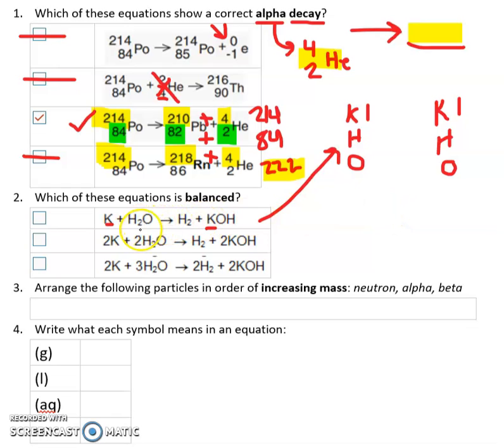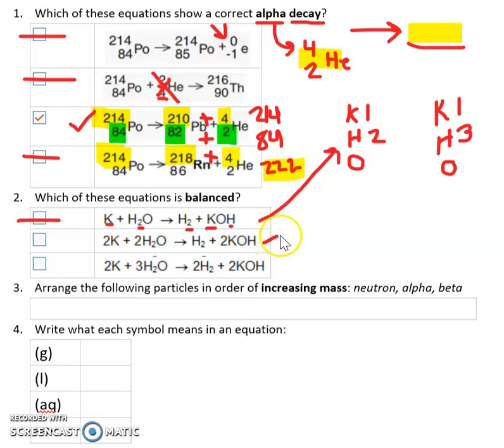Then I have 2 hydrogen atoms on my reactant side, and I have 1, 2, 3 hydrogen atoms on my product side. I can stop right here and say, hold on, 2 does not equal 3, therefore my hydrogen atoms are not balanced. Therefore, this whole formula is not balanced, and I can immediately cross off A.